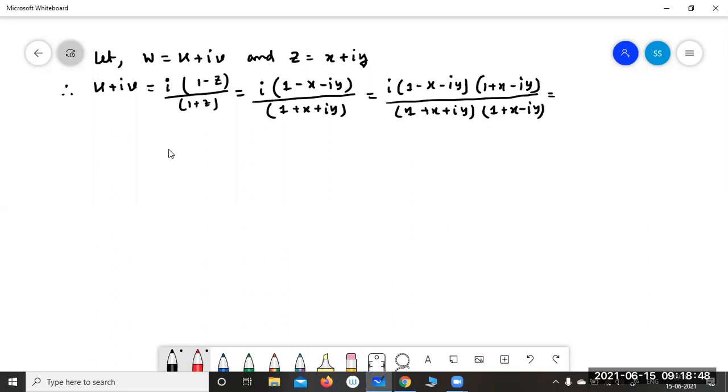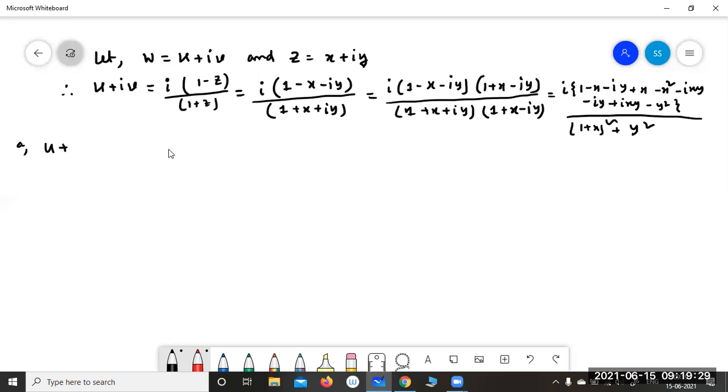After that, it will be coming that I is here. If we multiply, then 1 minus X minus IY, then plus X minus X square minus IXY, then minus IY, then minus minus plus IXY, and minus minus plus I square, that means minus Y square. That is the numerator. For the denominator, it will be coming (1 plus X) whole square plus Y square.